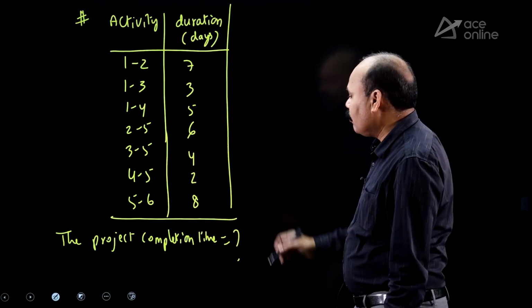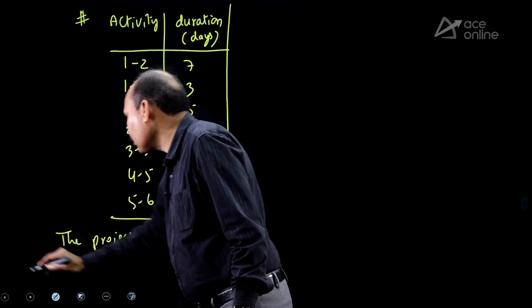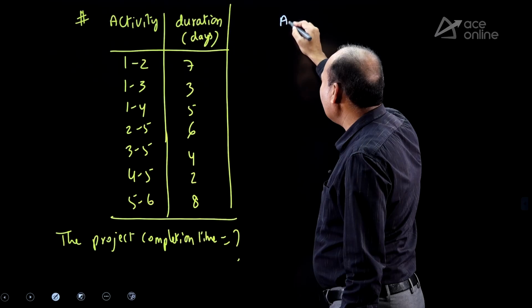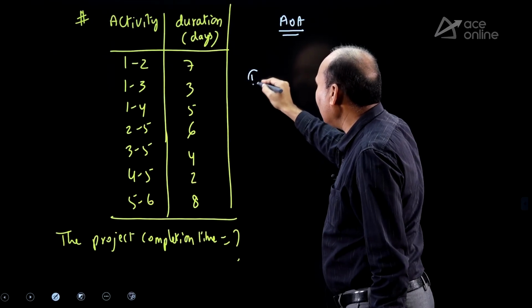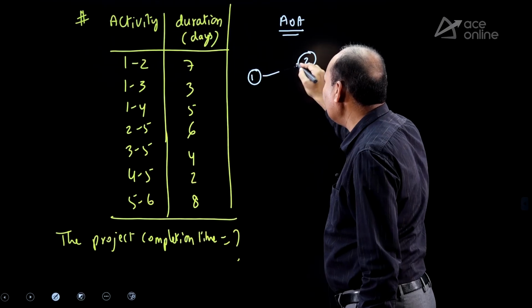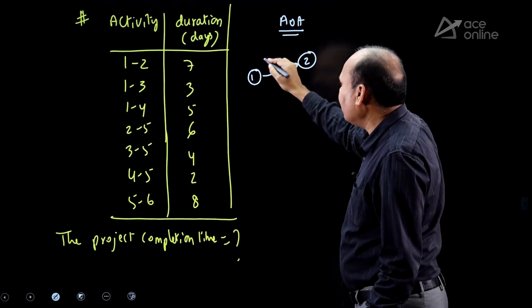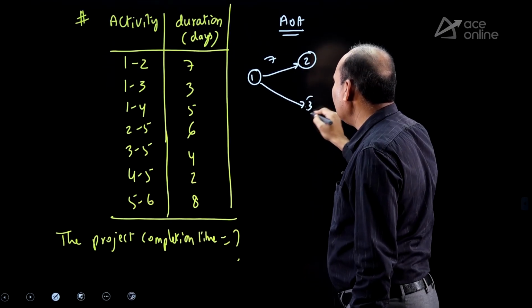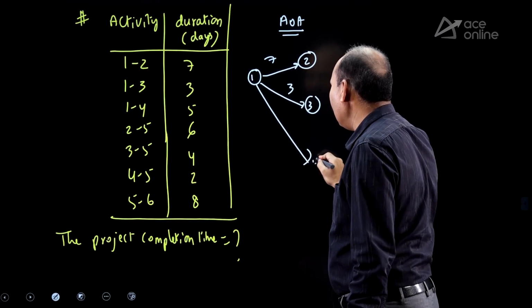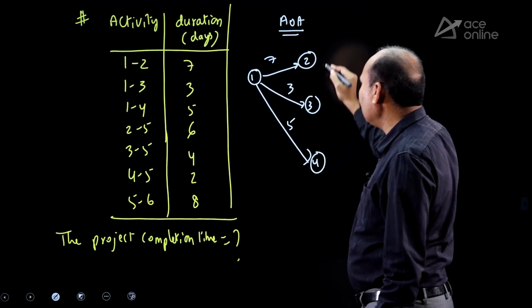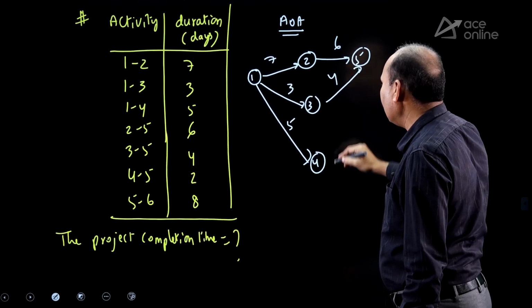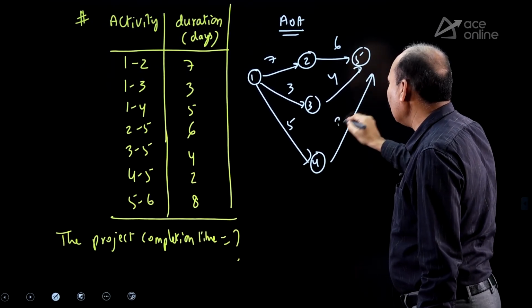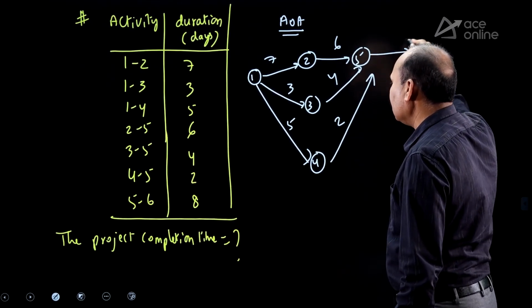So we will draw the diagram. Without our knowledge we will get an AOA diagram. Given data: 1 to 2, 7; 1 to 3, 3; 1 to 4, 5; 2 to 5, 6; 3 to 5, 4; 4 to 5, 2; 5 to 6, 8.